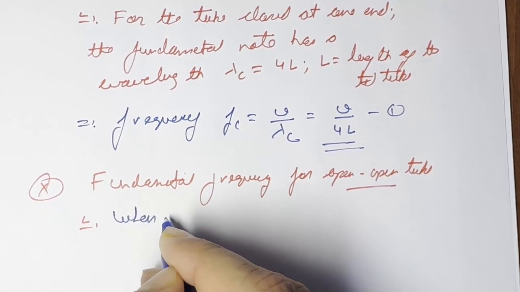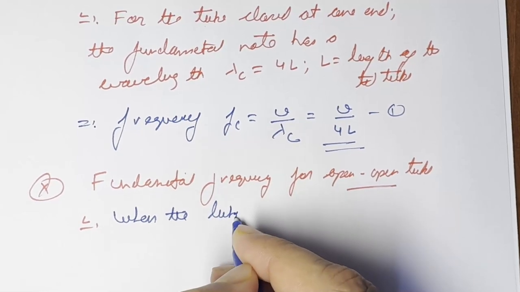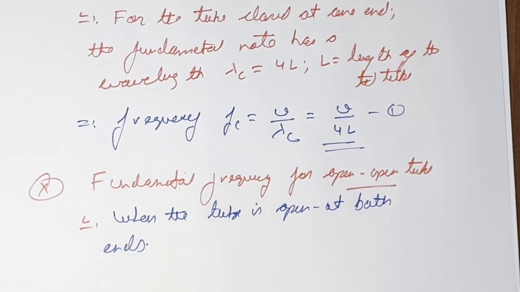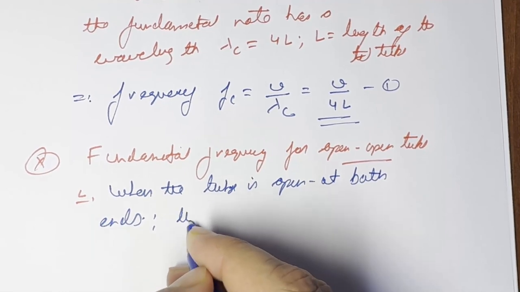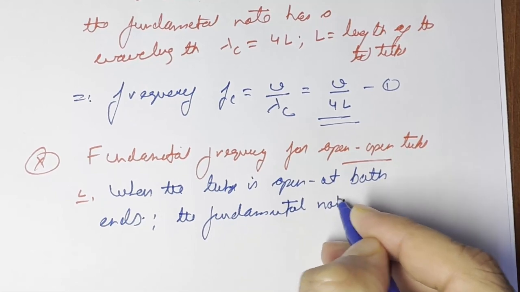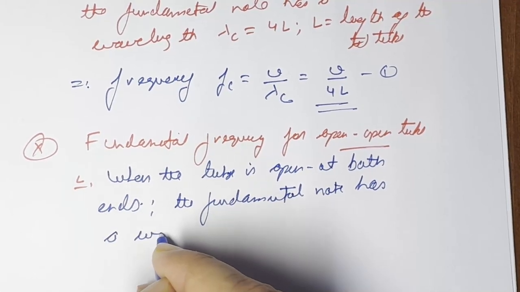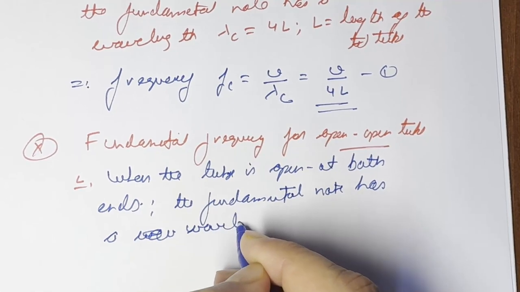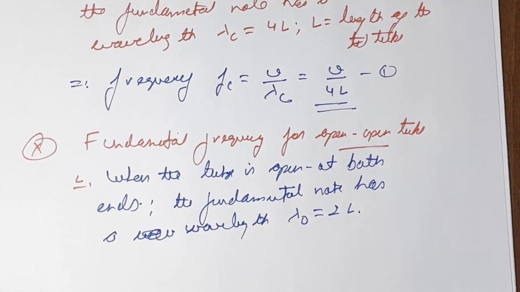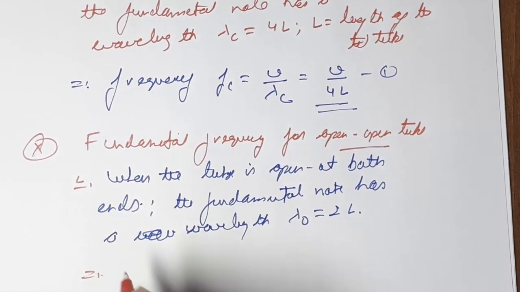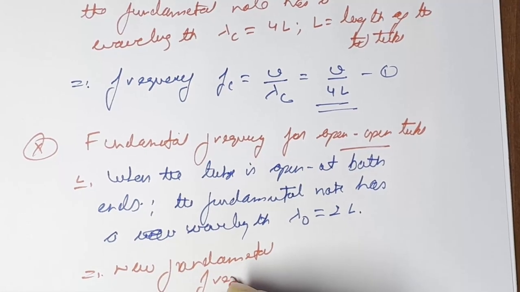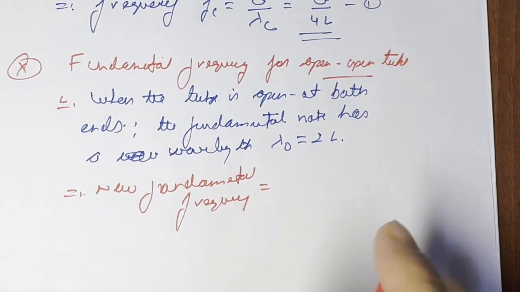You can say when the tube is open at both ends, the fundamental note has a wavelength, let us suppose that is lambda naught, and that lambda naught will be equal to 2 times L. So therefore we can say the new fundamental frequency, let us suppose that is given as F naught.